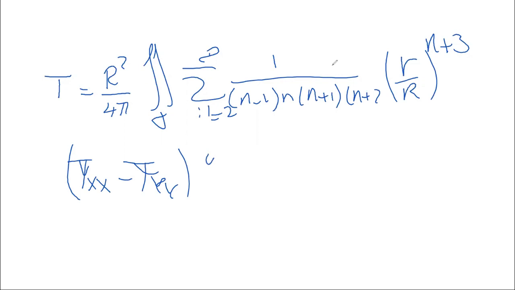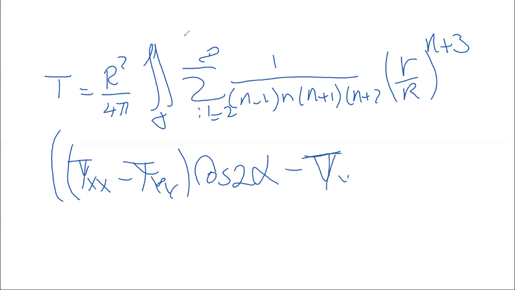It is very long, and I will try to simplify it for you. Write this like that: cosine 2 alpha (Txx minus Tyy) plus Txy sine 2 alpha, and here we have Pn2 cosine.